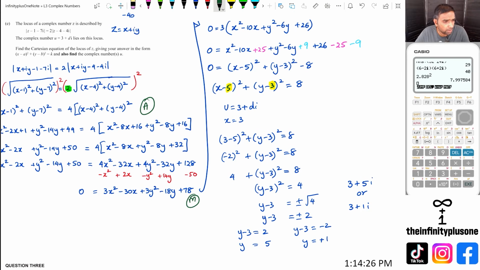And for excellence, if you finish it fully and you figure out what the two solutions are, then you are going to get it. If you find the two values of y but not connecting these to the values of u, so if you just find the two y values, then you would be looking at E7, but you need to connect it to this part here to actually end up with the E8 mark.